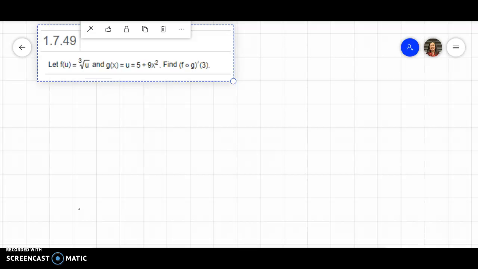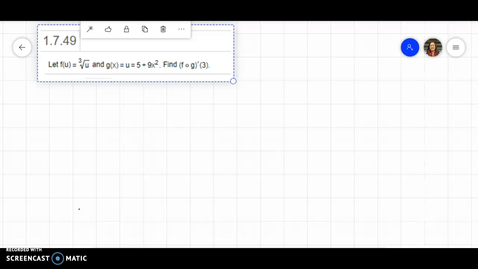They're actually showing a function as two composed functions, or in this case, what you're going to have to do is actually compose the function and then find the derivative of the composed functions. So let's get to it.